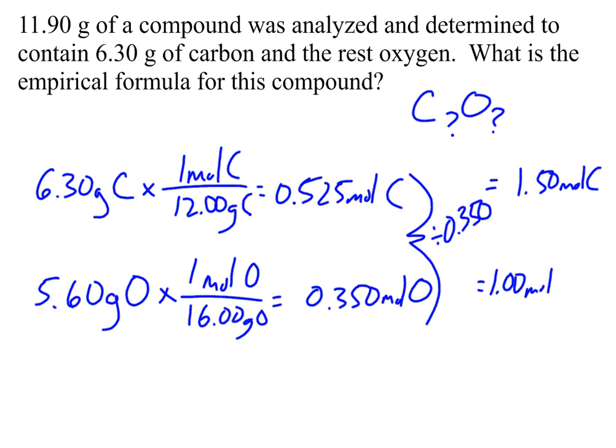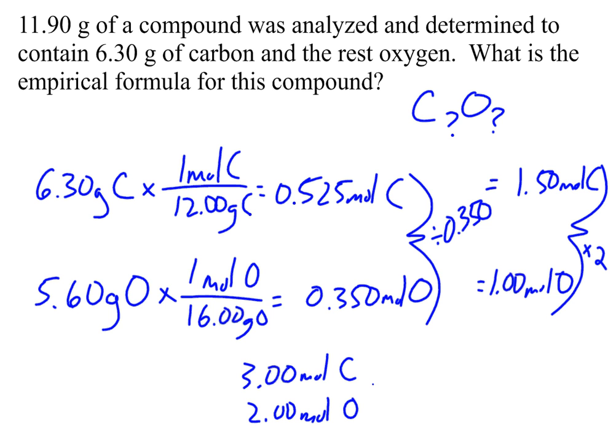Like with the last one, we can multiply both of these by 2, which would give us 3.00 moles of carbon and 2.00 moles of oxygen. And so our empirical formula would be C3O2.